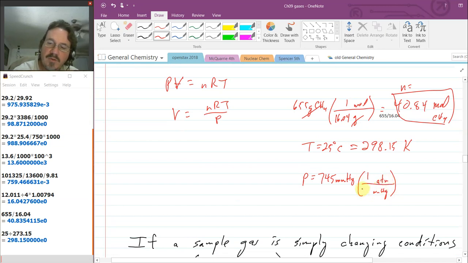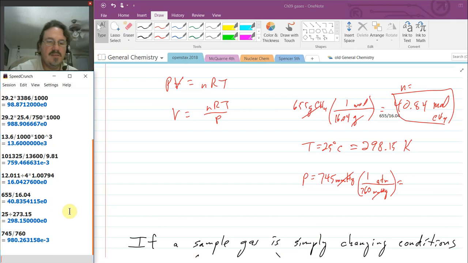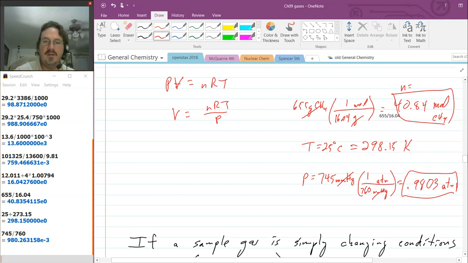All right, 1 atmosphere is 760 millimeters of mercury. I almost said torr. That wouldn't make much sense. Millimeters of mercury would cancel. Let's see what that equals. 745 divided by 760 is 0.9803 atmospheres. There's the pressure then that I can feed into this equation.